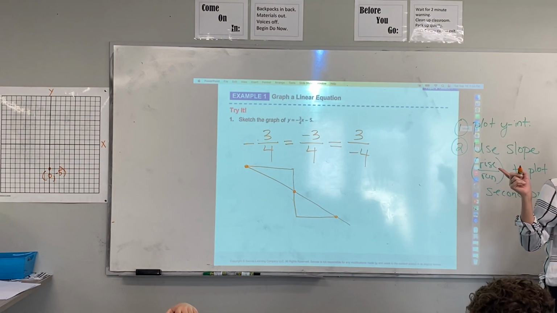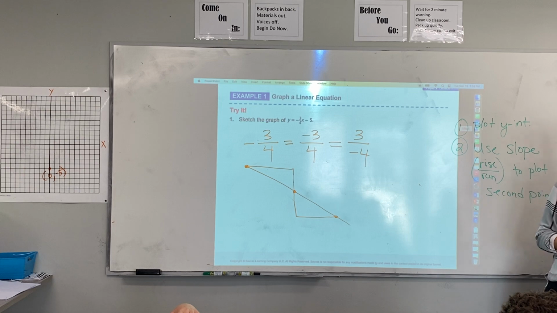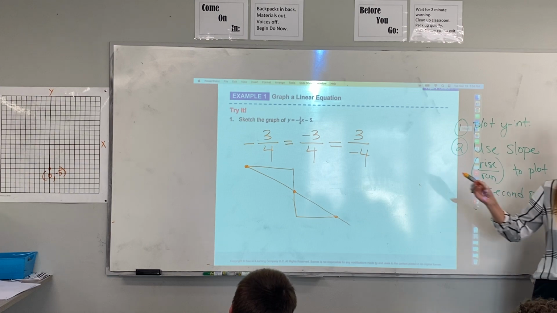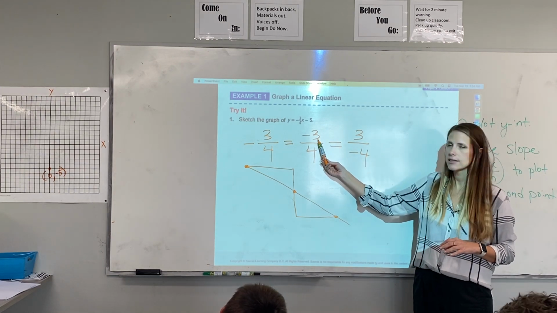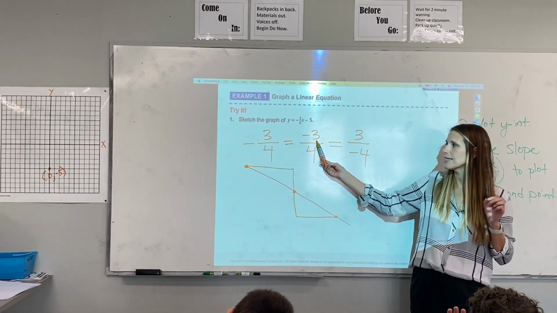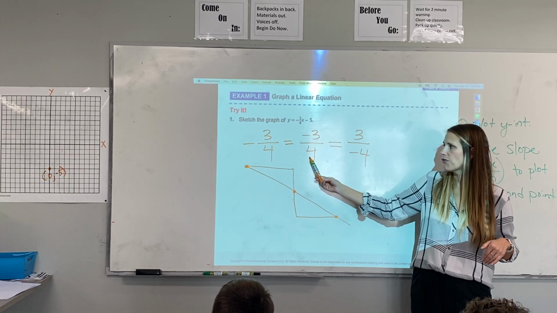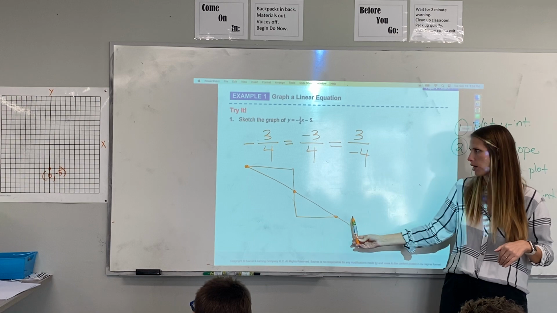On the y-intercept, you're supposed to go down 3. So just look at it: you can go down 3 and over 4, that's correct. This 4 is the run and the 3 is the rise. So if the rise is negative, you have to go down 3, and then the 4 would be to the right 4.